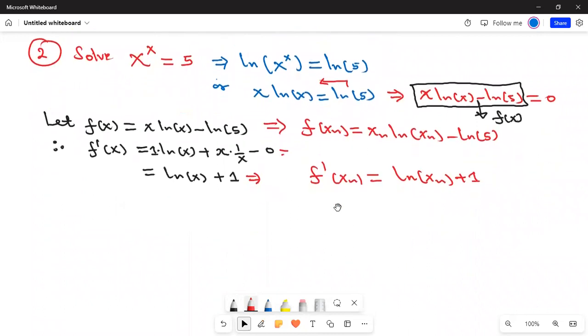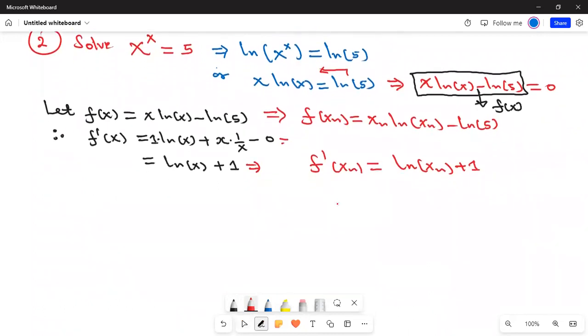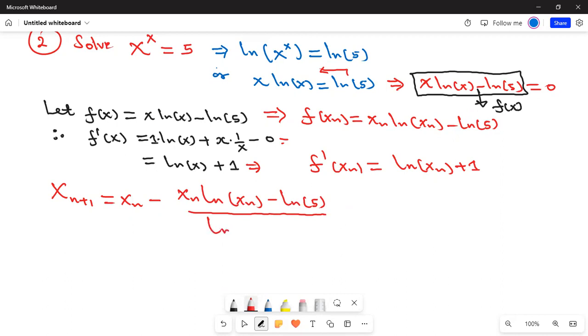So therefore, we expect that xn plus 1 must be equal to xn minus xn times ln of xn minus ln 5, everything over ln of xn plus 1.